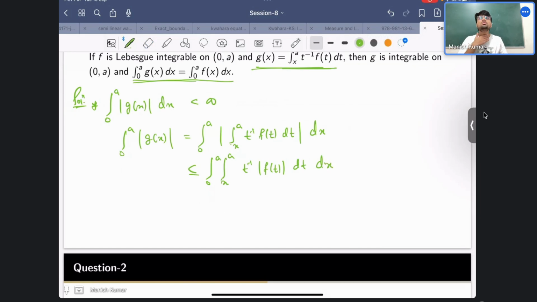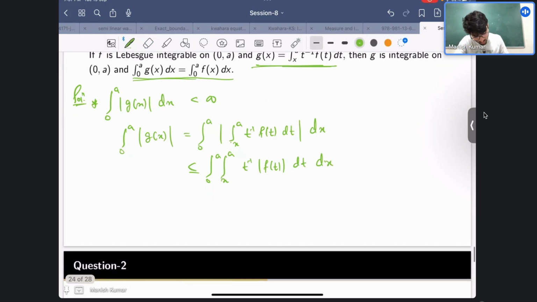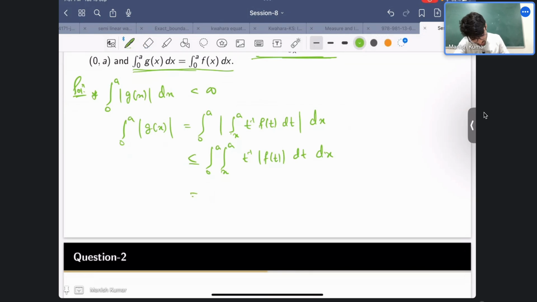Now you can rewrite this as the integral from 0 to a of the integral from 0 to a of chi of (x, a) t inverse mod of f(t) dt dx, so instead of 1 I am writing chi of (x, a).